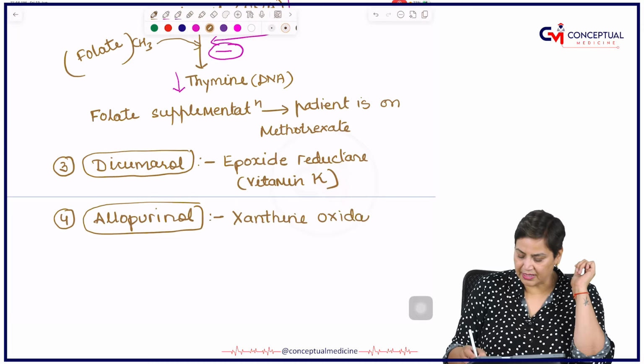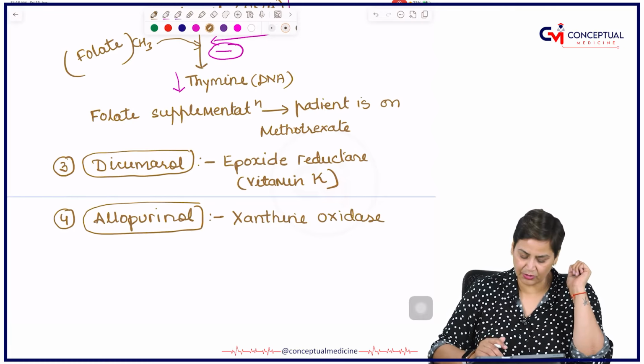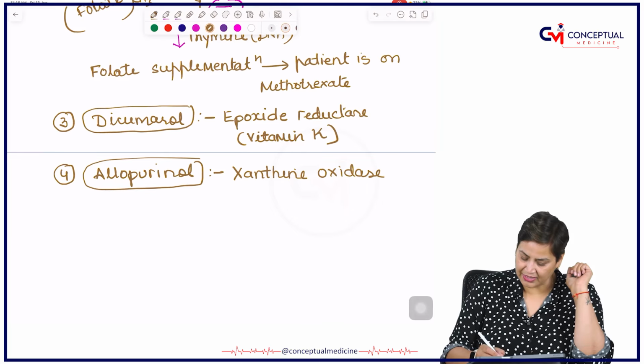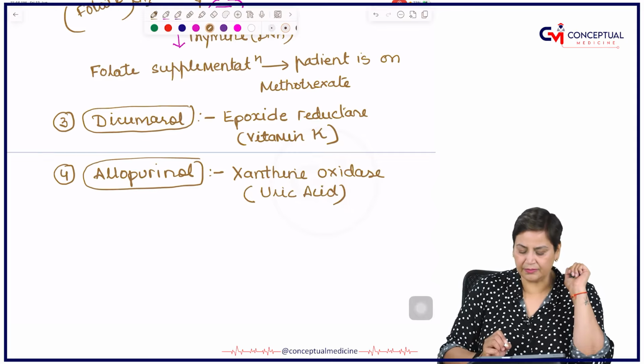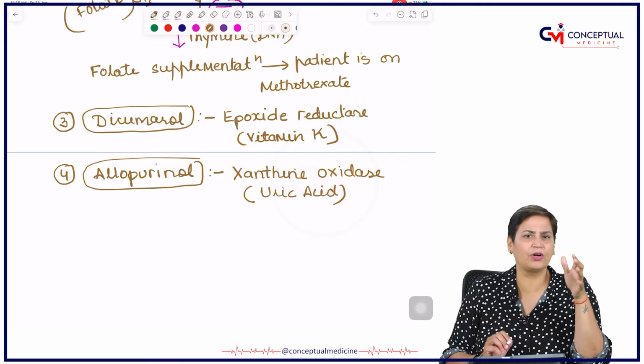Xanthine oxidase, and it is generally given to patients who are suffering from gouty arthritis, which will be explained later in detail in suicide inhibition. So, I can write xanthine oxidase, or you can say uric acid, whenever there is hyperuricemia.